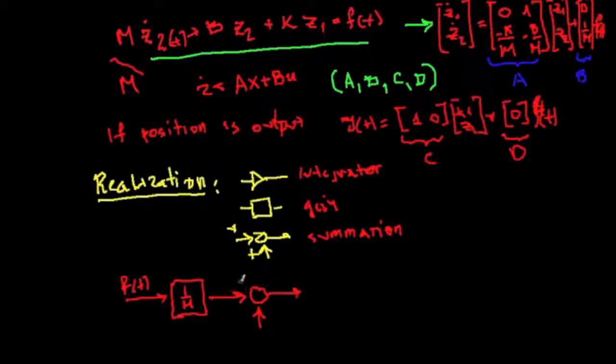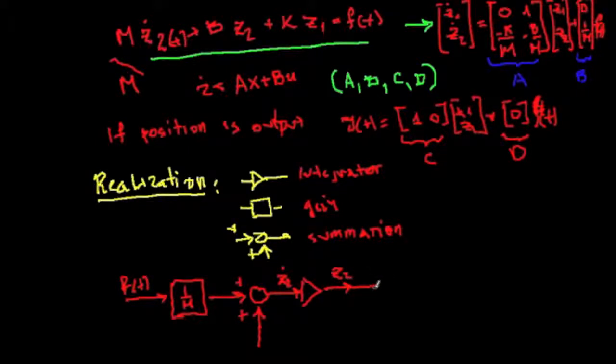Since I have two states, z1 and z2, z2 has to have an integrator, because I have to integrate z2 dot to get z2. Therefore, I'm integrating z2 dot and I'm obtaining the signal z2.